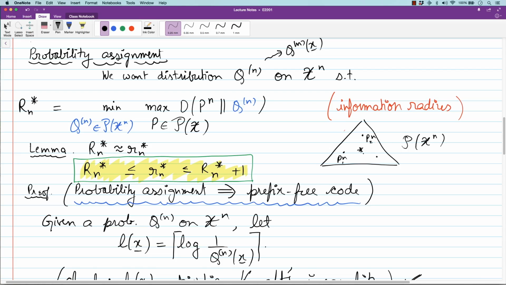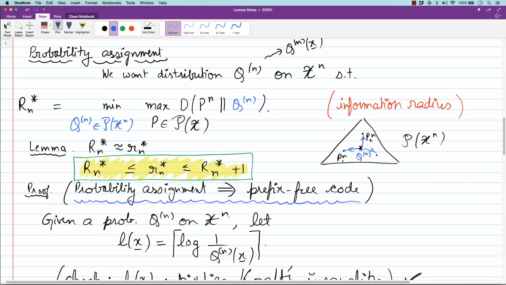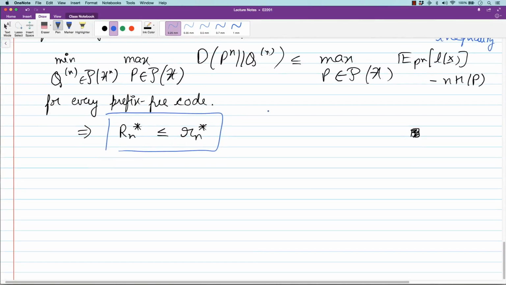We take a Qn point here and take its distance from all of them. This is the divergence that we are looking at, and we look for the Qn which minimizes the maximum distance. That's sort of like the center point in this geometry of divergence, and therefore this quantity is called the information radius. So this information radius for the ideal distribution is equal to the min-max redundancy Rn star. So we can either think of probability assignment or think of the design of min-max optimal prefix free codes.